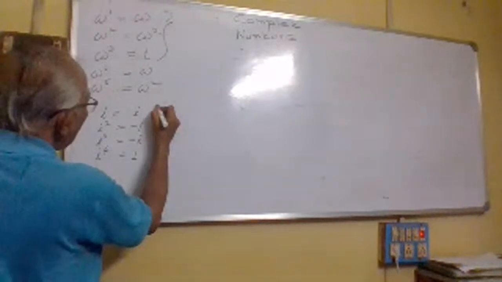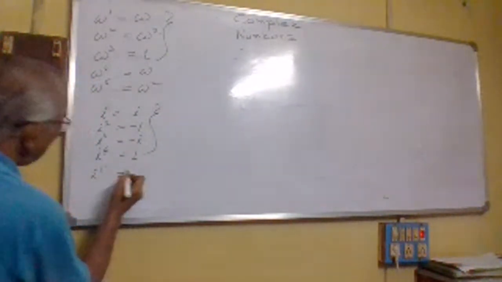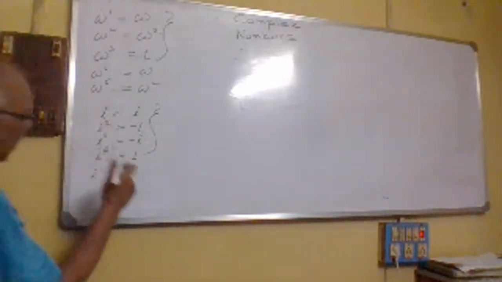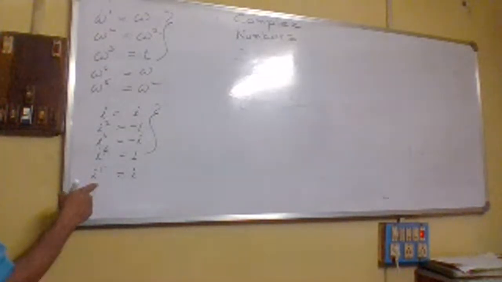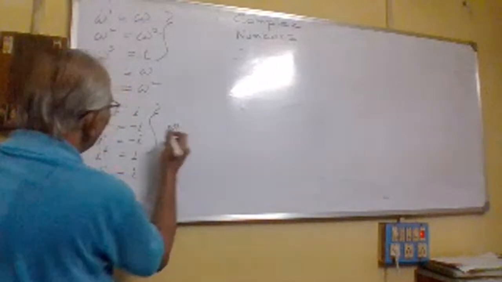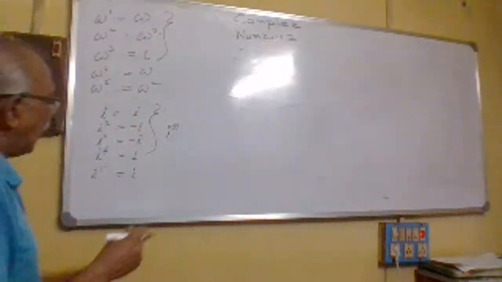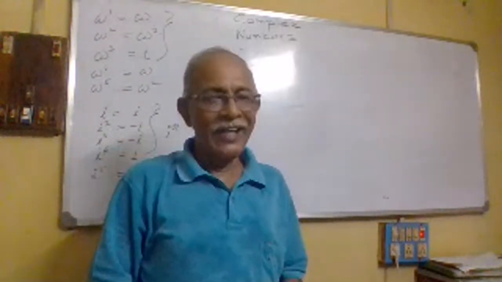So i to the power 5 is i to the power 4 into i, equals i. So i to the power n will be any of these four: either plus 1 or minus 1 or plus i or minus i.